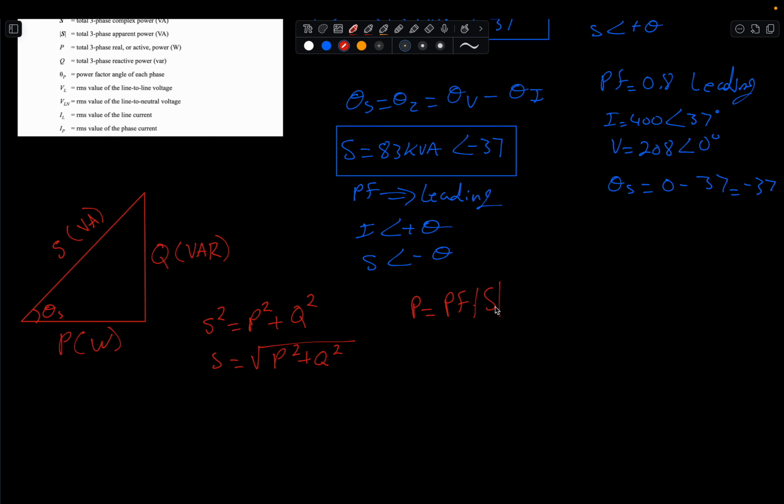Or your magnitude. Just keep that in mind. So if given the power factor and the apparent power, you can solve for P, or vice versa. Given the active power and the power factor, you can solve for the apparent power, because this is the same concept as apparent power equals P over PF.